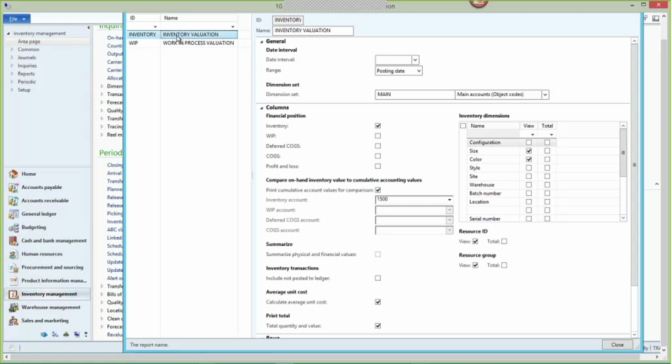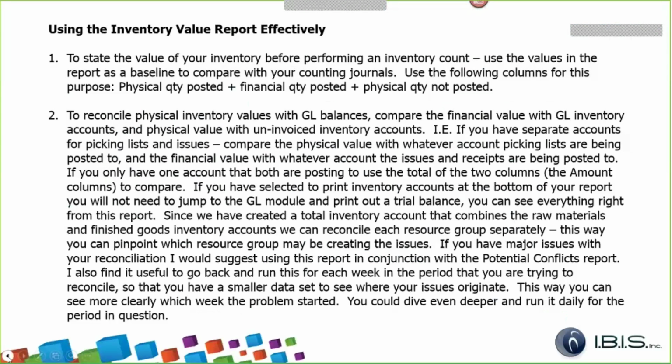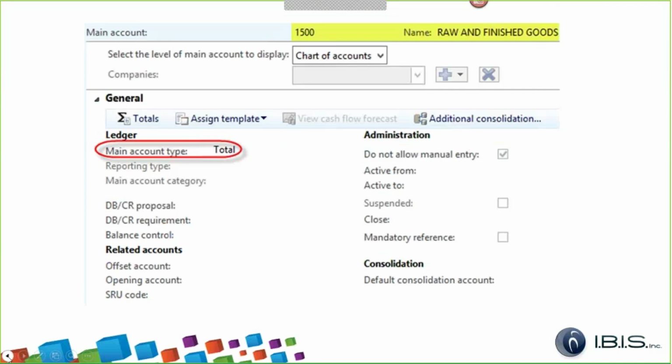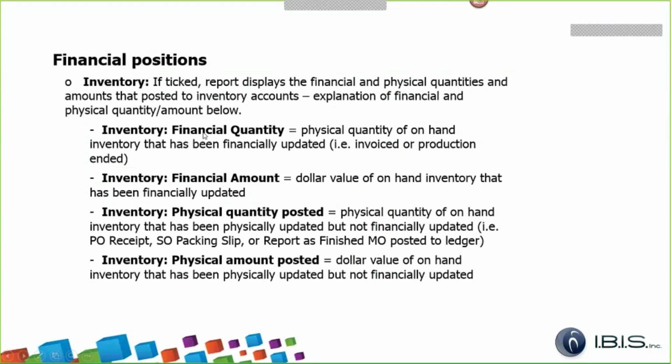All right, next question is, what is the difference between physical and financial values? Okay, let's go back to the presentation, where we've got that defined right here. Financial quantity is a physical quantity of on-hand inventory that's been financially updated, meaning if it's a purchase order receipt or a sales order, it's been invoiced.